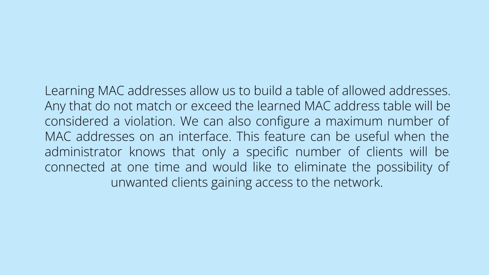We can also configure a maximum number of MAC addresses on an interface. This feature can be useful when the administrator knows that only a specific number of clients will be connected at one time and would like to eliminate the possibility of unwanted clients getting access to the network.